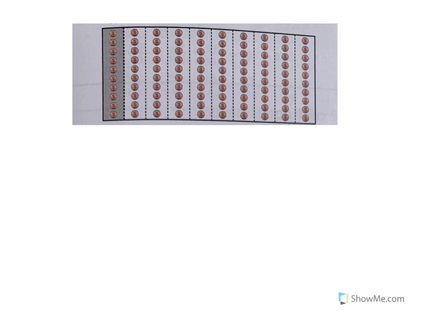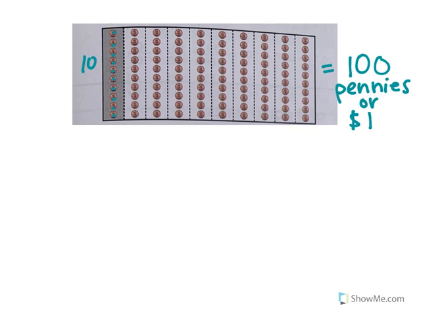So if we look here, there are 100 pennies, or $1, in this. And I know that because there's 1, 2, 3, 4, 5, 6, 7, 8, 9, 10 going down, and 1, 2, 3, 4, 5, 6, 7, 8, 9, 10 going across.